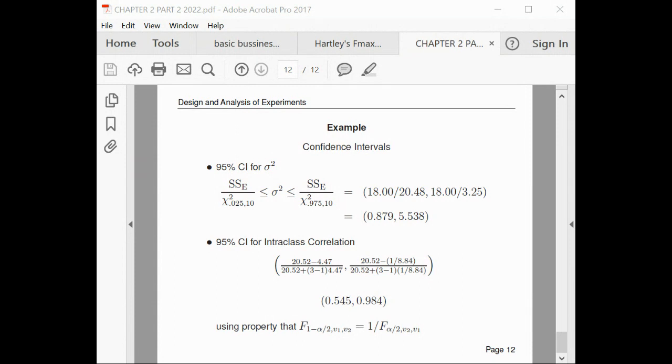Hello, sir. Good day. John. Good day, sir. Yes, my brother. I would like to ask about the previous lessons. What is the confidence interval for different means for unbalanced data?